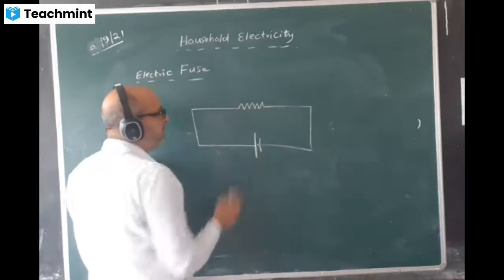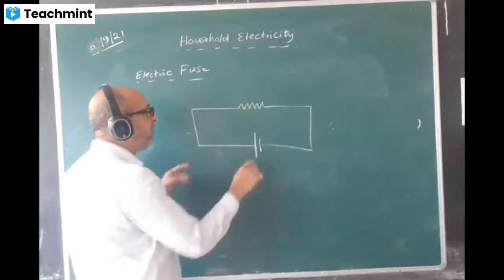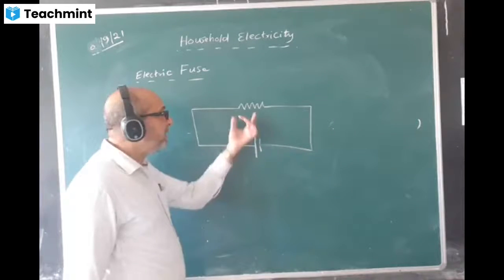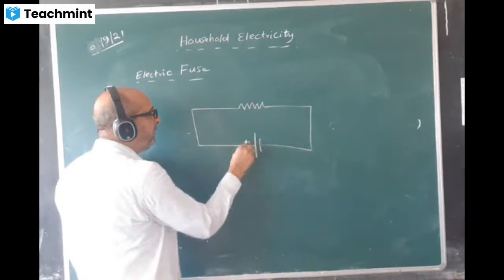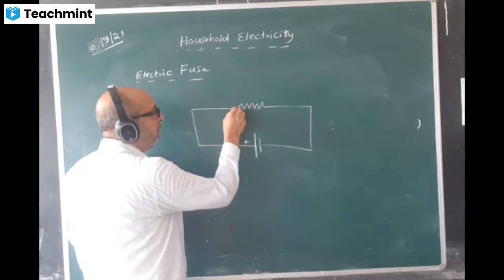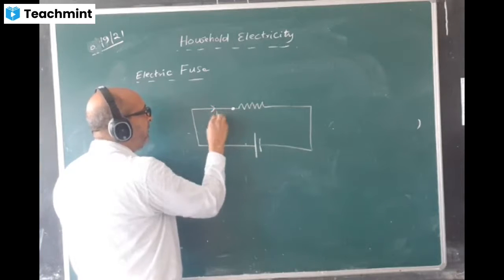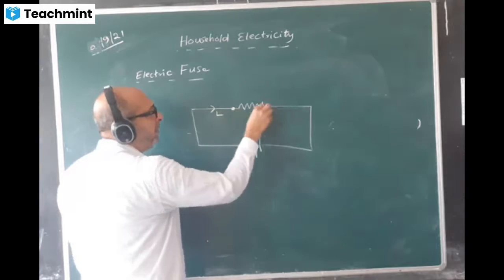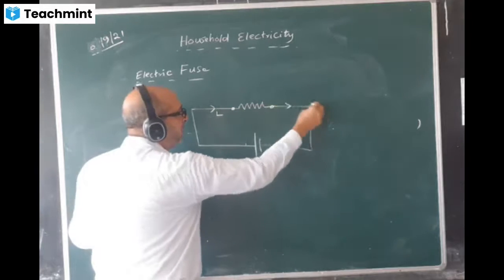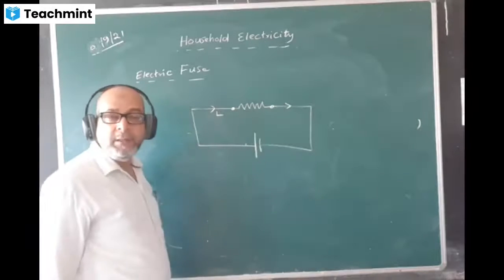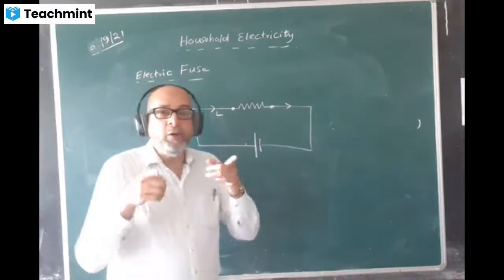Appliance will have resistance. We normally write it as resistance here. From here the current will start. Current enters. This can be taken as a live wire. Through the live wire the current enters, and through the other end the current returns back to the source from where it is coming.